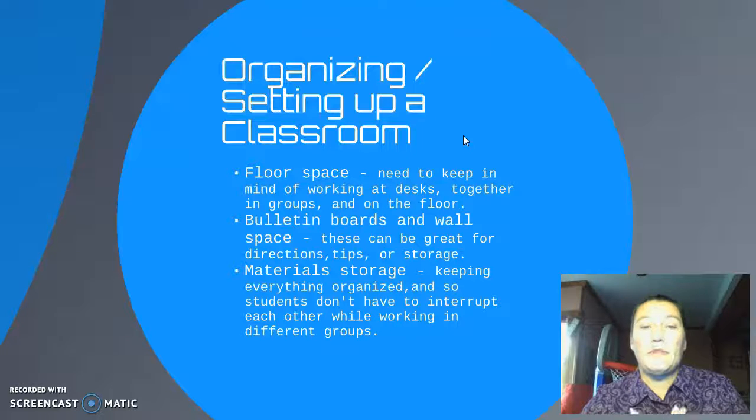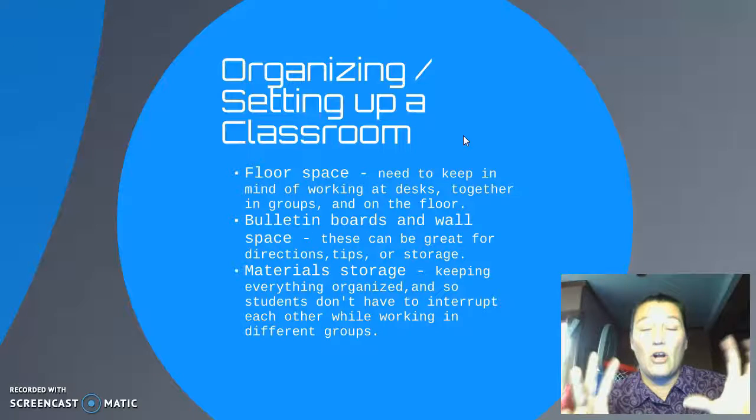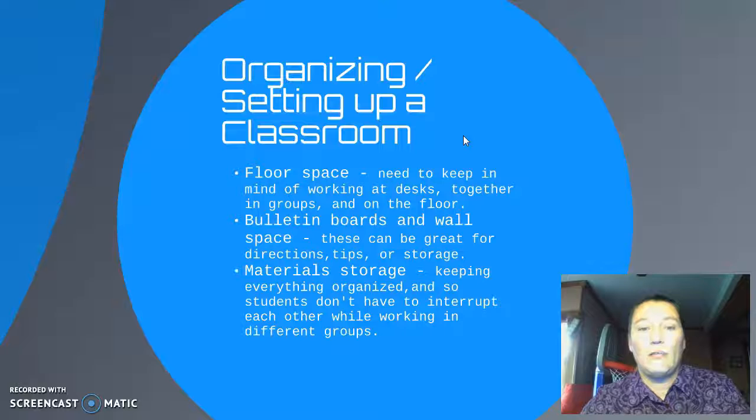And then bulletin boards and whiteboards all over the walls, so more than one group can use them, if they need to pin up something to pay attention to or to concentrate on while they're working on projects, or if they need to write stuff down, then they have all the whiteboards right there.